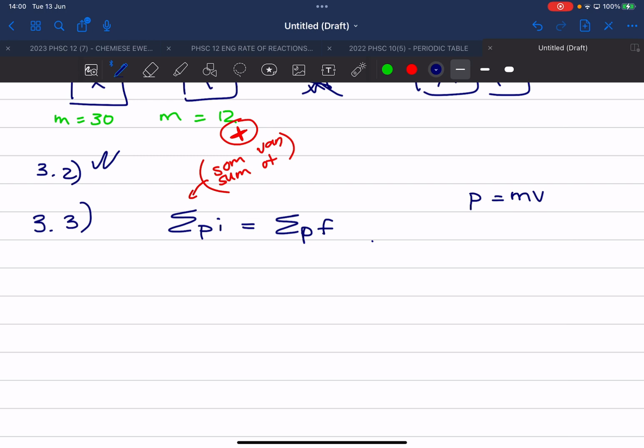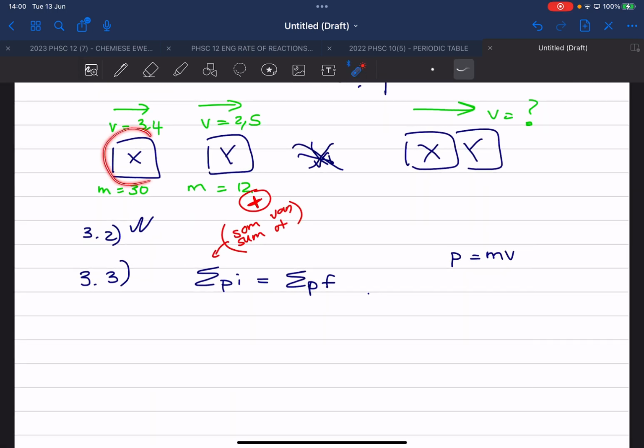Okay, so at the beginning we have two separate objects. We have the momentum of x plus the momentum of y, and it's plus because they're moving in the same direction, to the right. That's at the beginning, and then we have the momentum of x plus y like that. Want na die tyd is hulle een ding, hulle is attached aan mekaar.